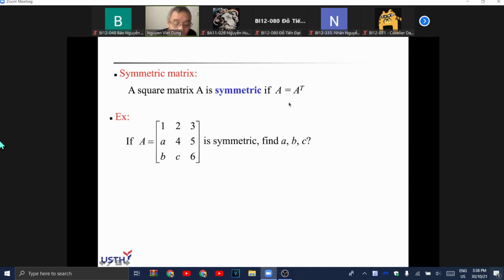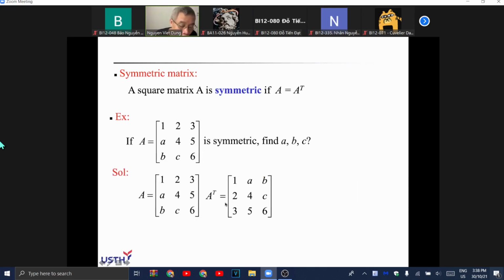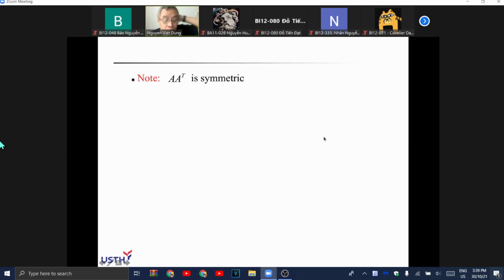Or if you look at the definition here, you will see A to be that, so A T to be that one. Because the requirement A equals A T means A now equals 2, B equals 3 and C equals 5. That is exactly what I explained to you here by the meaning of symmetry.